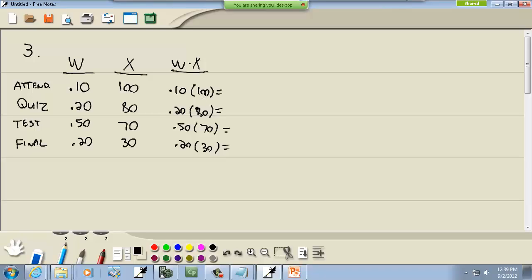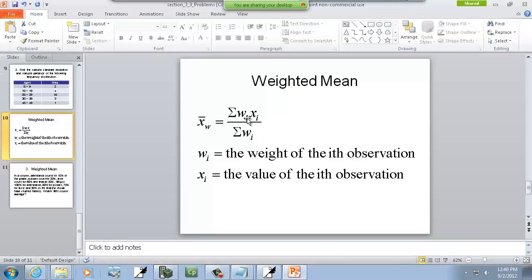So 0.10 times 100 is 10. 0.20 times 80 is 16. 0.50 times 70, yep, 35. Next one, 0.20 times 30, and we get 6.